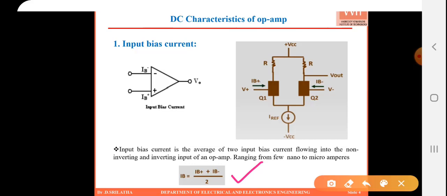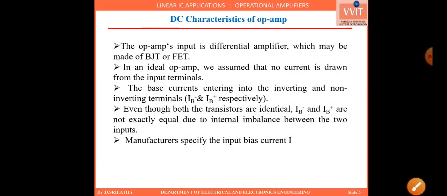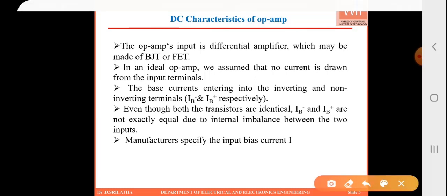Now, for example, let us see. Here, the operational amplifier input is a differential amplifier which is made up of transistors. For an ideal op amp, there should be no current flowing through the input terminals.